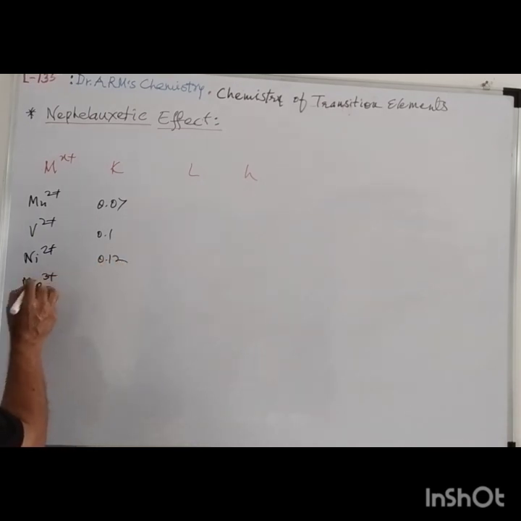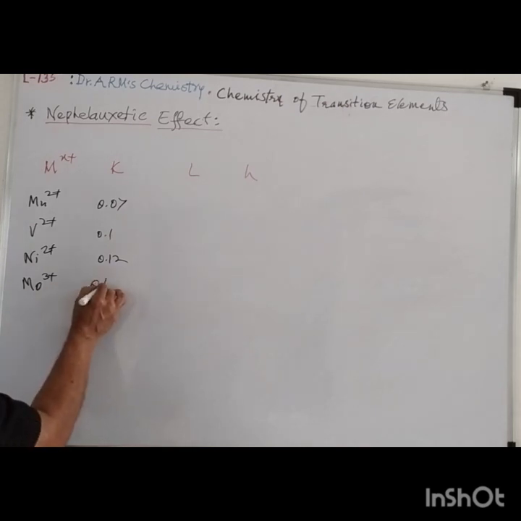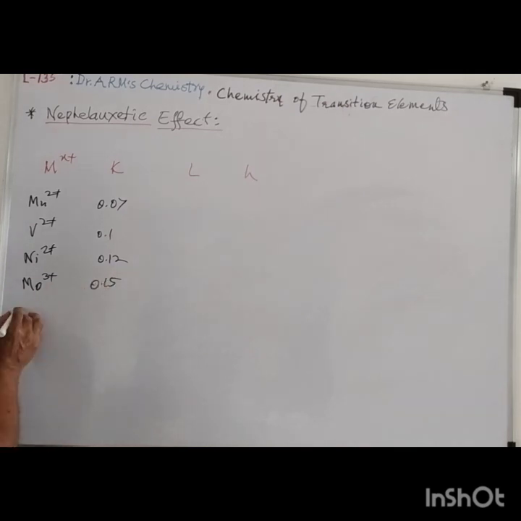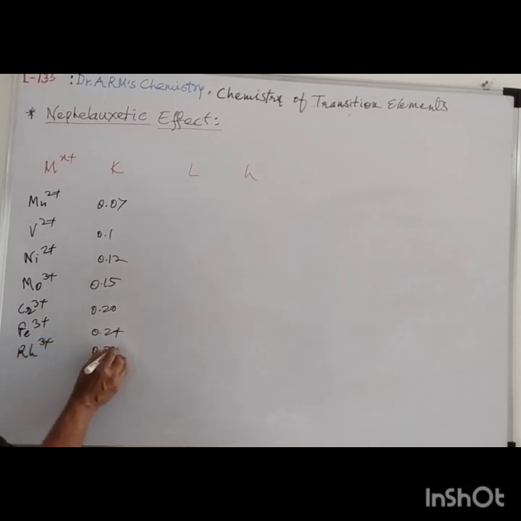Molybdenum 3 plus 0.15. Then chromium 3 plus, it has 0.20. Then Fe3 plus 0.24. Rh3 plus 0.28. Then Ir3 plus 0.28. Cobalt 3 plus 0.33.